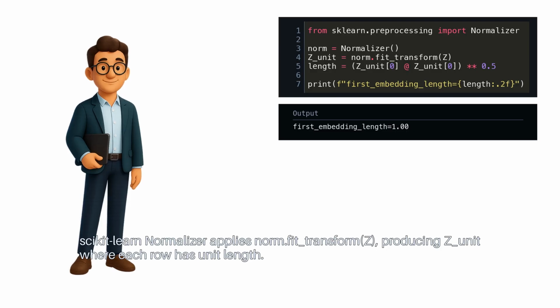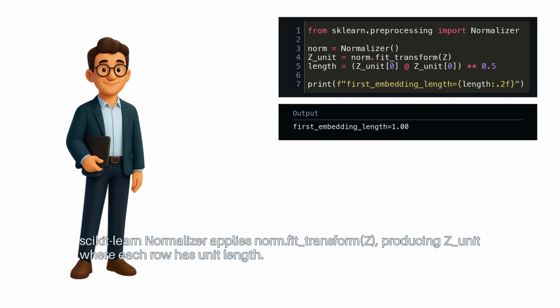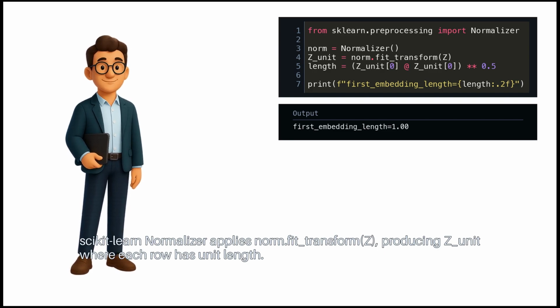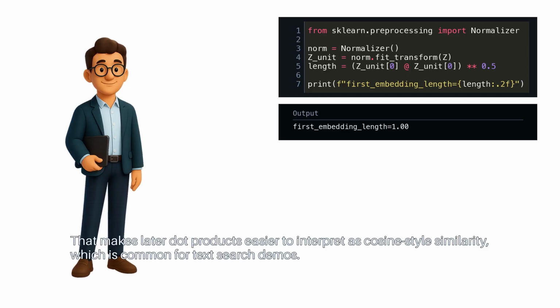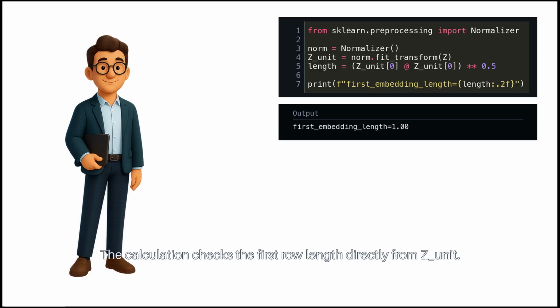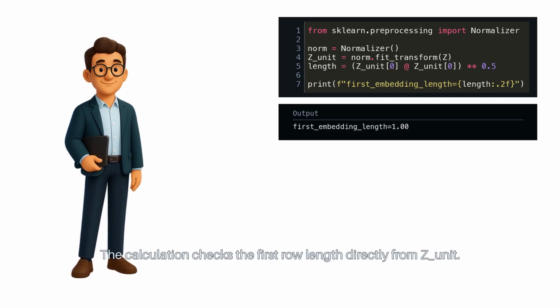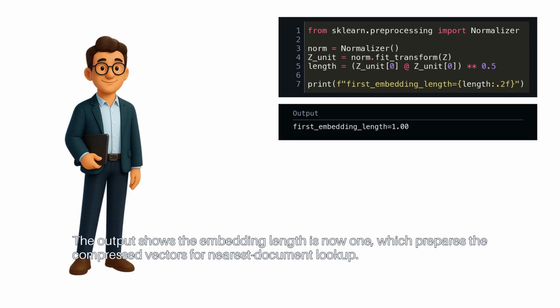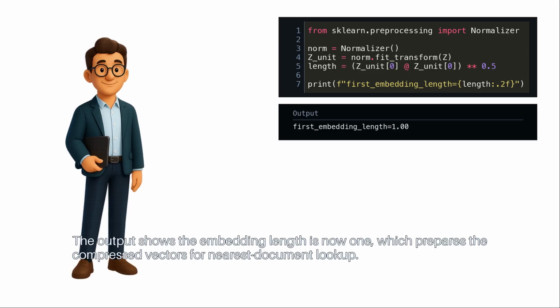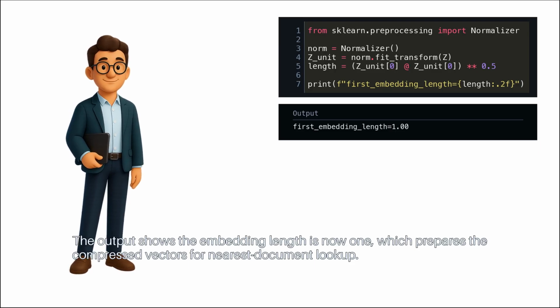Scikit-learn's Normalizer applies norm.fit_transform(Z), producing Z_unit where each row has unit length. That makes later dot products easier to interpret as cosine-style similarity, which is common for text search demos. The calculation checks the first row length directly from Z_unit. The output shows the embedding length is now 1, which prepares the compressed vectors for nearest document lookup.